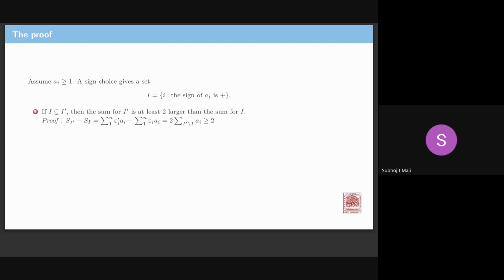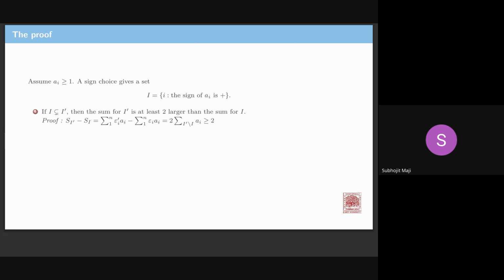So the epsilon i's are the plus and minus ones. The points where the difference occurs, that is, the points where they don't match, are the only ones to be considered here. So the difference is equal to 2 times the summation of ai's over the index set I dash minus I, the signs where they don't match up.